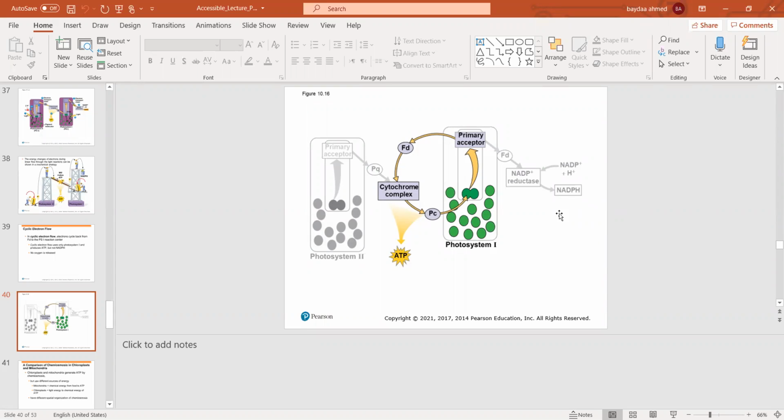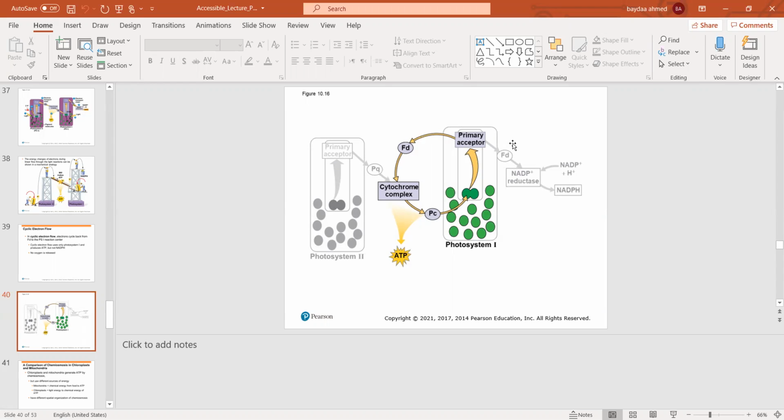Photo-excited electrons from photosystem 1 are occasionally shunted back from ferredoxin to chlorophyll via the cytochrome complex and plastocyanin, PC. This electron shunt supplements the supply of ATP via chemiosmosis, but produces no NADPH.